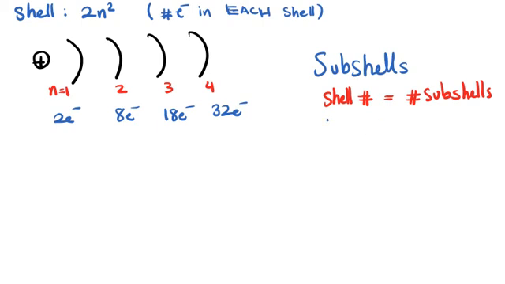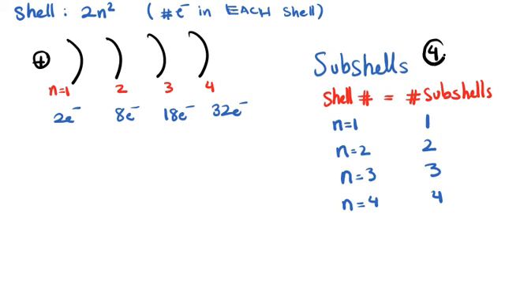For example, shell number 1 has only one subshell. Shell number 2 has only two subshells. Shell number 3, I'm sure you are going to say 3 subshells. And shell number 4 has 4 subshells. So in chemistry, we have only 4 subshells.